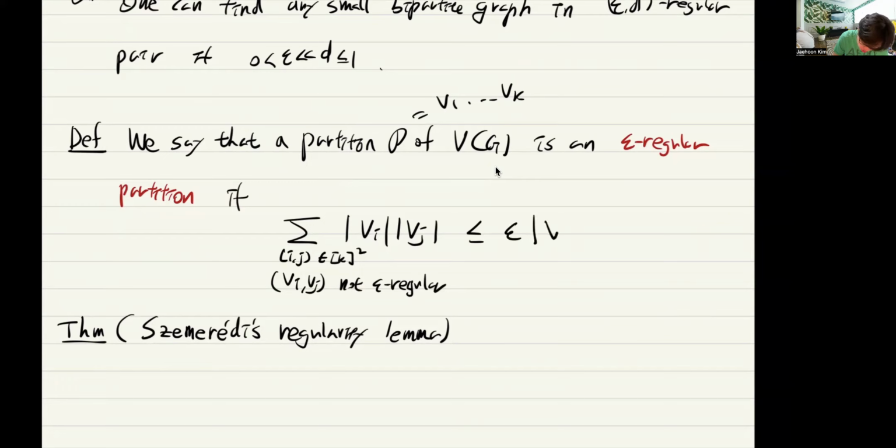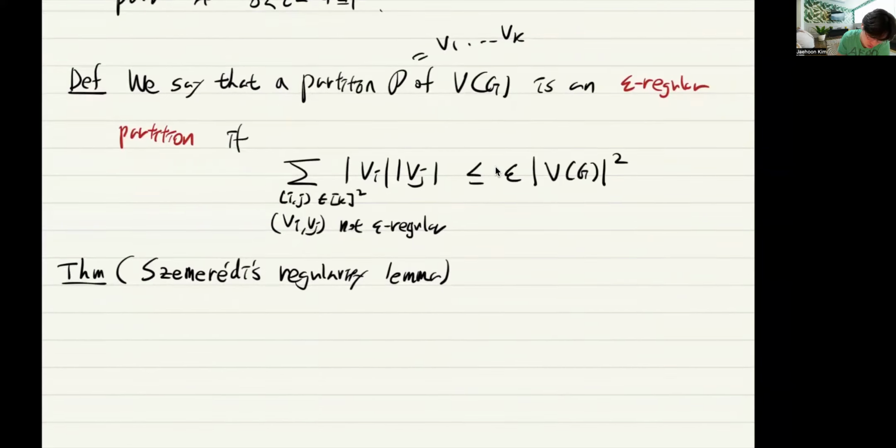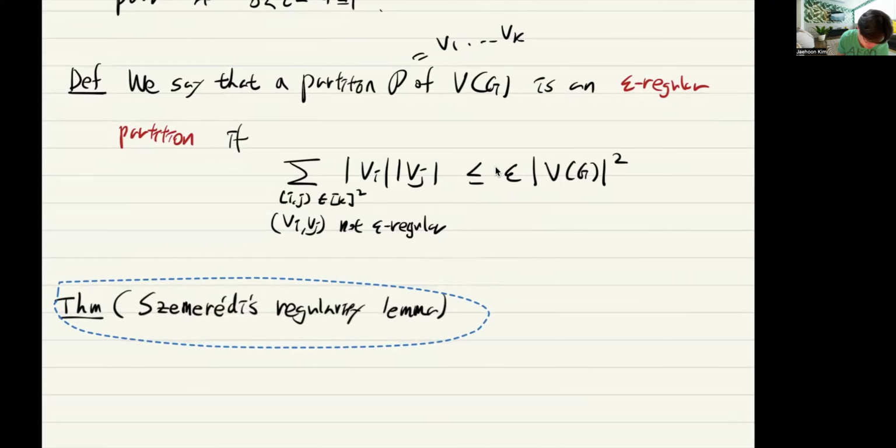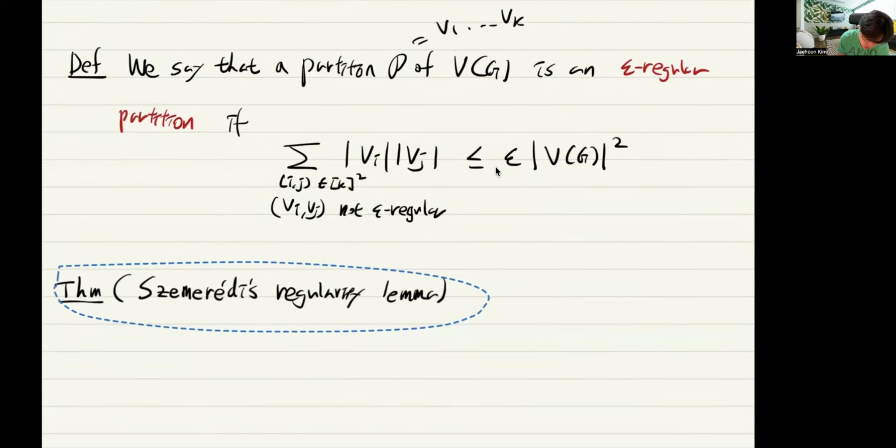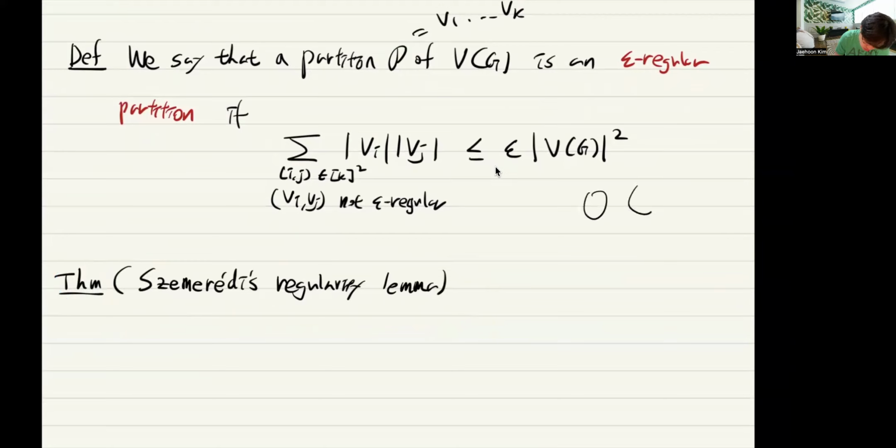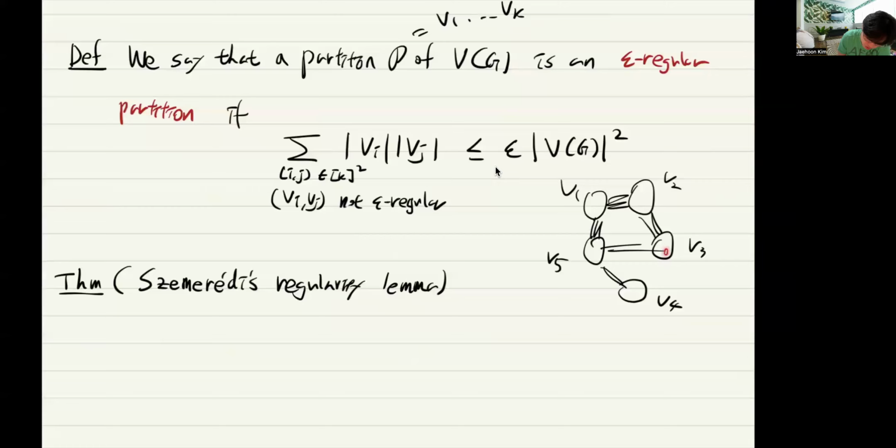And that's at most epsilon times the number of vertices squared. Okay, so in a sense, this is V1, V2, V3, V4, V5. And there are many pairs that are epsilon regular. And then the pairs which are not epsilon regular, if you collect the size, then that's small.